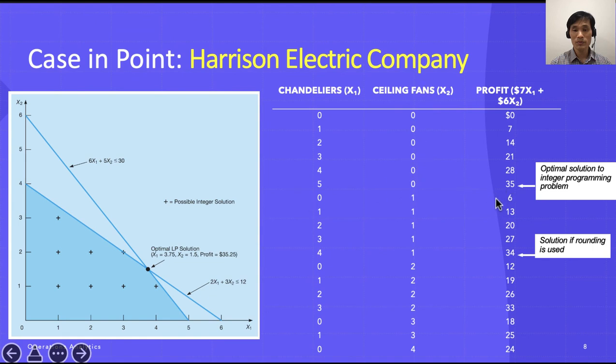At that time, you're going to make the best profit, which is $35. So this case demonstrates to us that rounding up and rounding down, finding the nearest solution, may not necessarily be the best solution for your case. So therefore, we need to really find a way to do integer programming so that it might be able to find the best point for your problem.